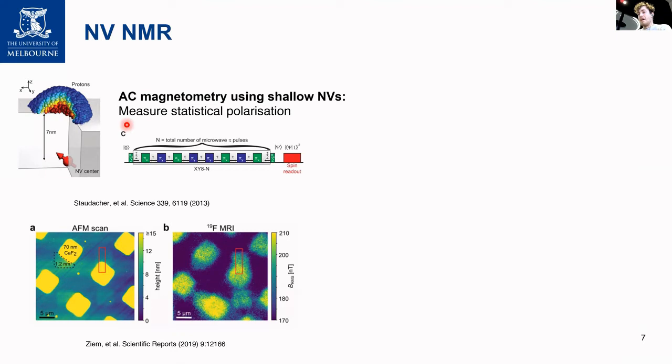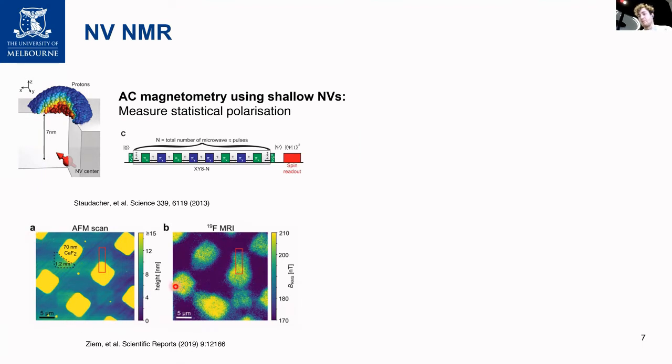And in this way, your measurement is limited by an NV T2 up to around 100 microseconds in this regime. Because you're limited by NV T2, you don't get much spectral resolution compared to traditional NMR, but you do get spatial resolution.